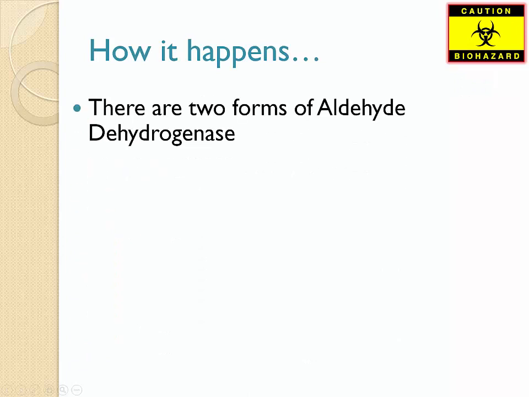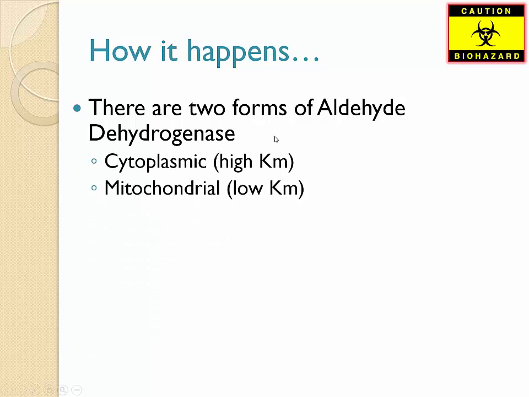So let's see what happens. There are two forms of aldehyde dehydrogenase. One is cytoplasmic and the other is mitochondrial. The cytoplasmic form is not very good. It has a very high Km, so it doesn't process the aldehyde very efficiently. The mitochondrial, on the other hand, has a very low Km and does process the aldehyde efficiently.